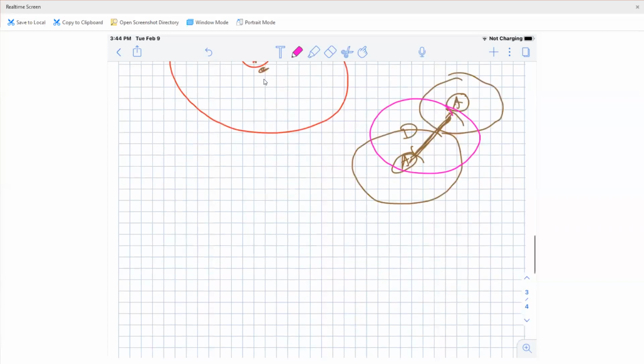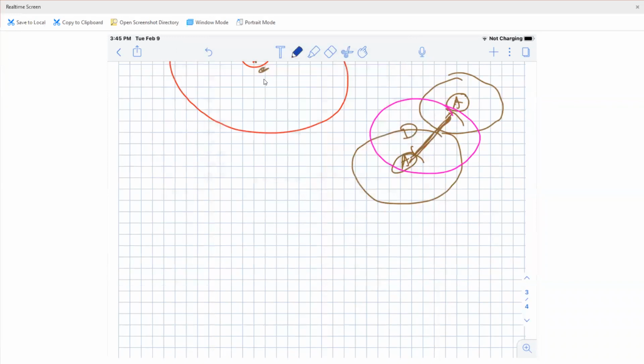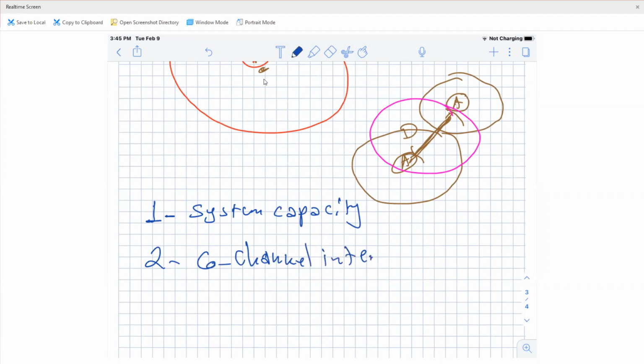Keep in your mind two important things from now on when we are going to design a cellular communication system. First point is the system capacity, second point will be co-channel interference.